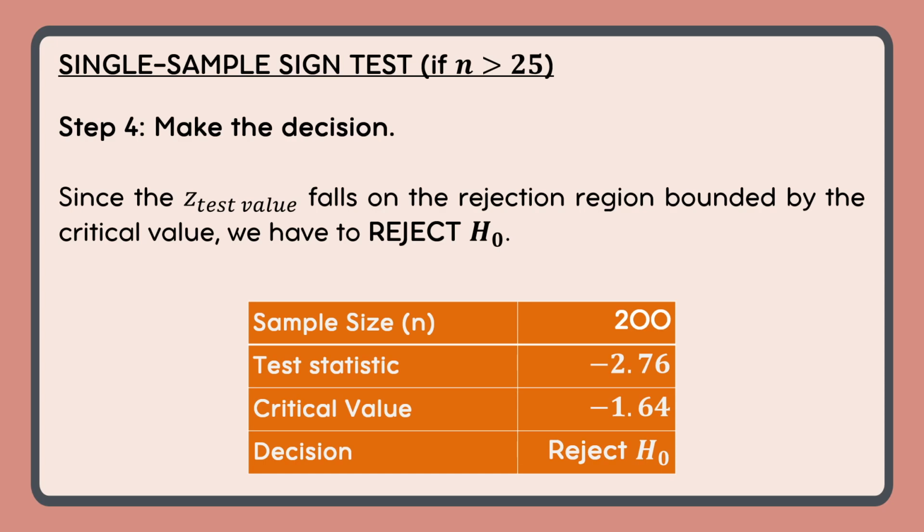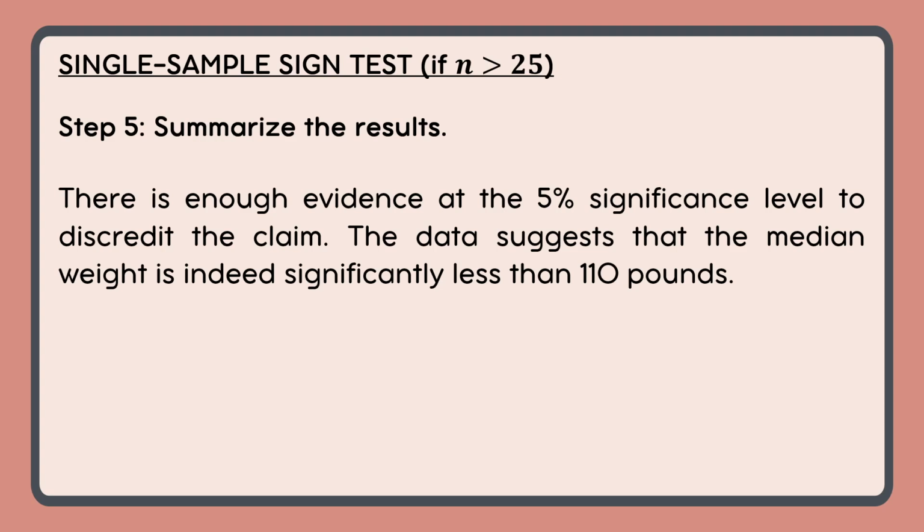Since negative 2.76 is less than negative 1.64, our decision is to reject the null hypothesis. So let us summarize the results. There is enough evidence at the 5% significance level to discredit the claim. The data suggests that the median weight is indeed significantly less than 110 pounds.